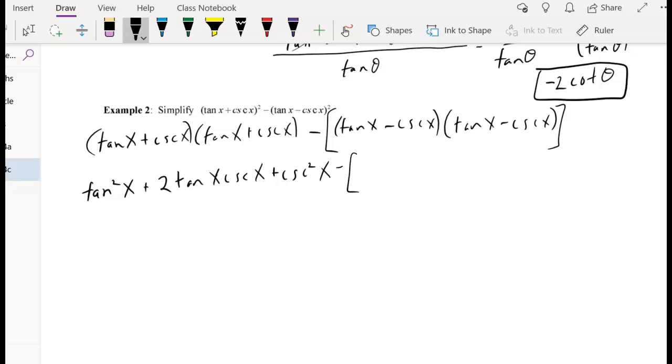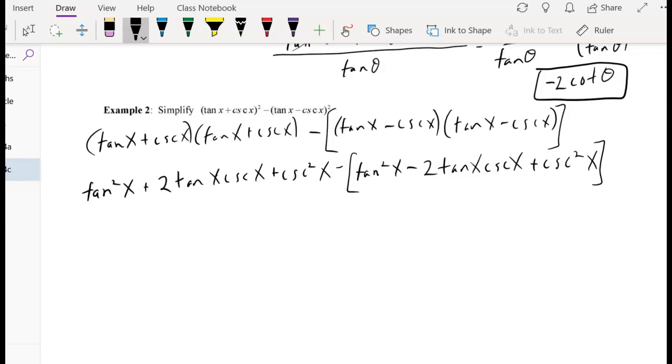And then in parentheses, we've got tangent times tangent, which is tangent squared, minus the tangent times the cosecant, and then there's another one of those, so it's minus 2 tan x cosecant x, and then negative times a negative would be plus cosecant squared of x.